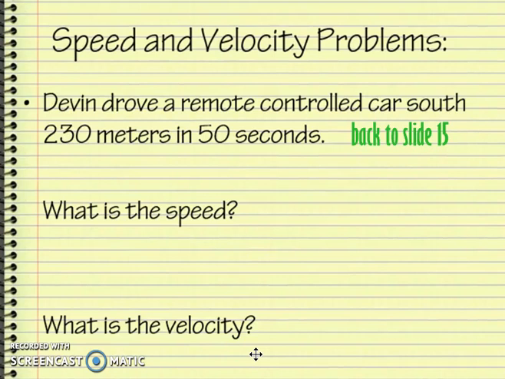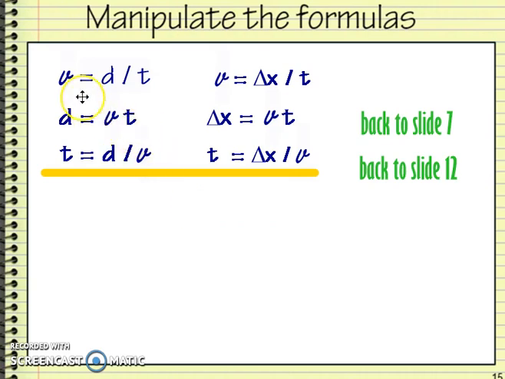Okay, here's another one. Devin drove a remote control car south 230 meters, and he did that in 50 seconds. Let's go back and look at our formulas again. We're looking for velocity, so it'll have to be either this formula or this formula. When you're looking for velocity or speed, look at what variable they're looking for. It needs to be a v equals in this case, because you're looking for speed or velocity.